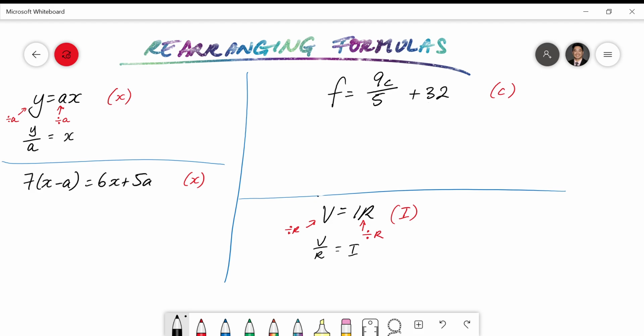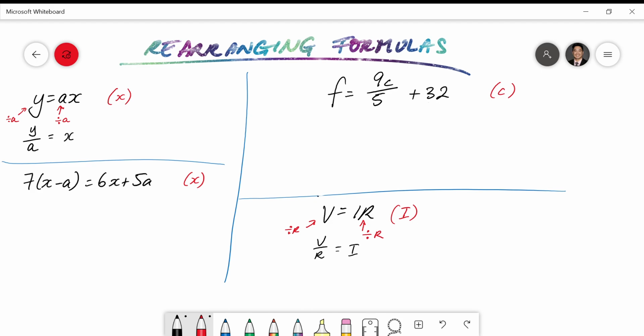But we might want to shift things around so we can work out the Celsius equivalent when we do know the Fahrenheit value. So we're going to rearrange this formula to have C on its own, which means the 9, the 5, and the 32 need to be moved.